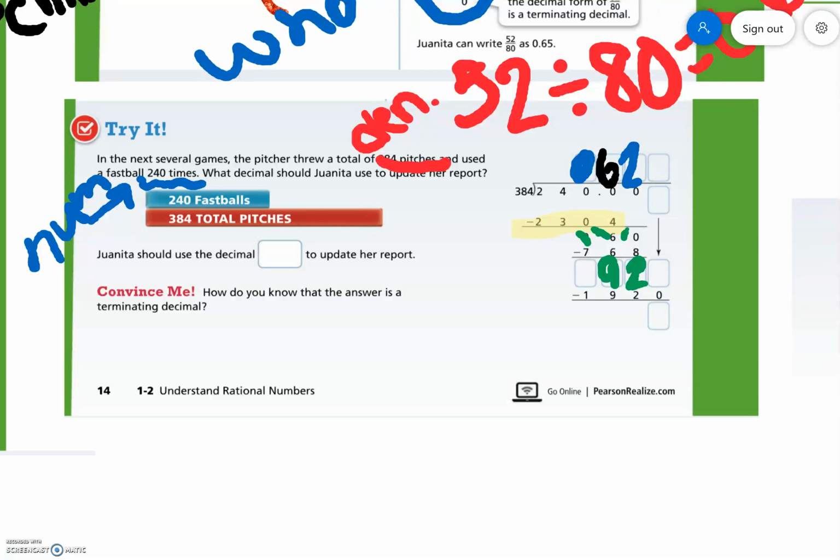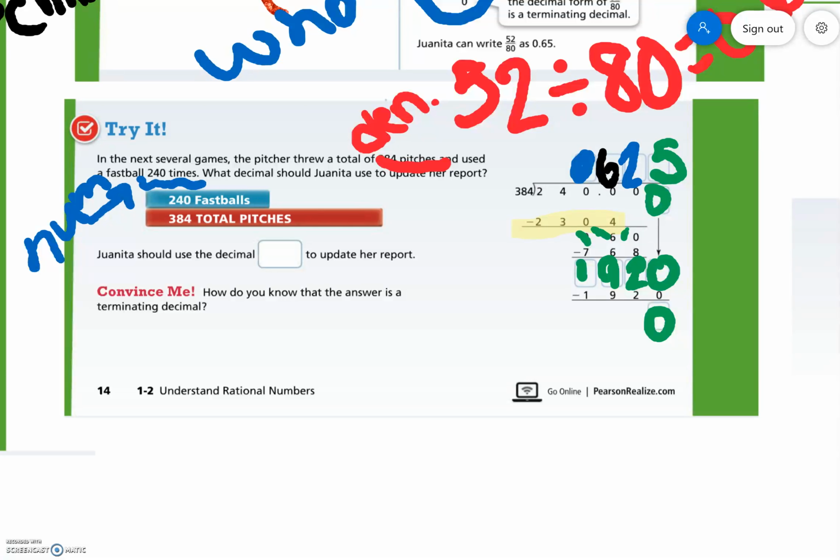And we had to borrow from the 960, so this will be a 1. And we'll add a 0 and bring that 0 down. And 384 goes into 1920 five times evenly.